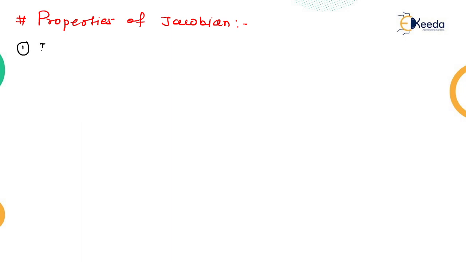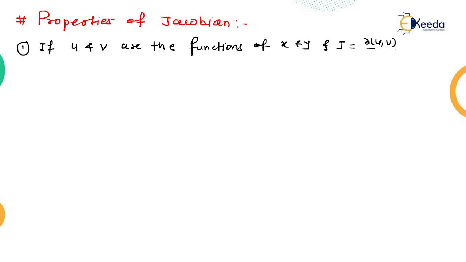if u and v are functions of simply two variables, that is x and y, right? And the Jacobian is defined as ∂(u,v)/∂(x,y).